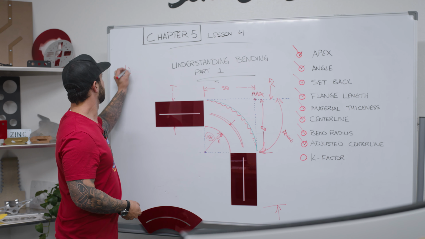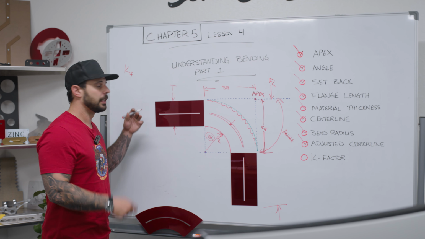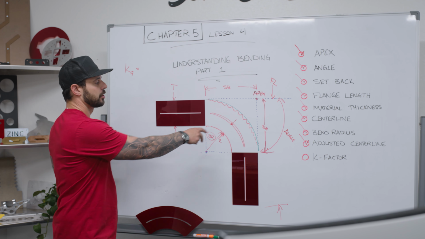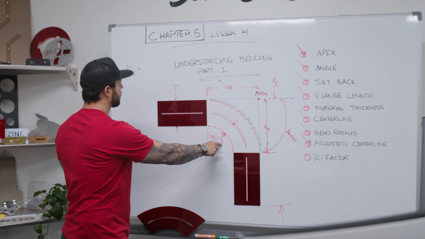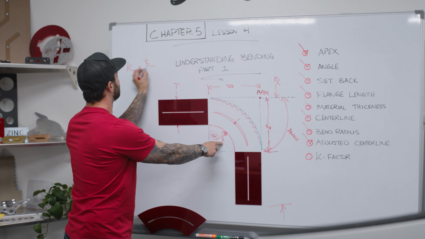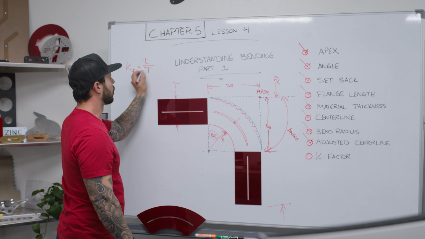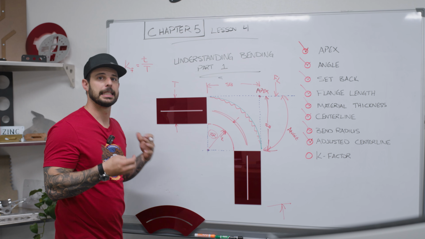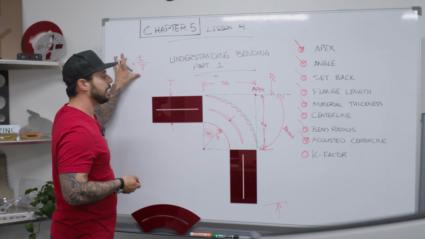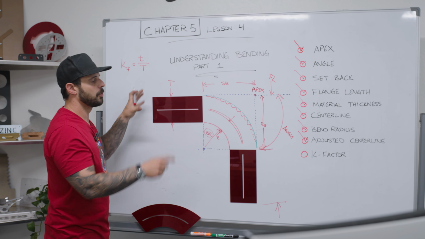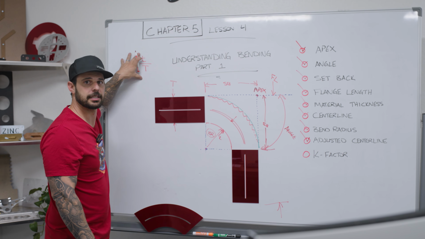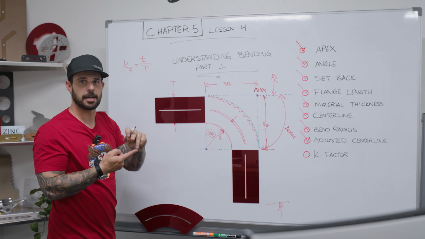Essentially we'll call this K, and normally it's denoted with a little f there. And that is just a ratio of our adjusted centerline, little t, divided by our overall material thickness from the very beginning. This right here is going to dictate how much stretch you have, and is probably one of the most important things to have correct when you're actually setting up your CAD.